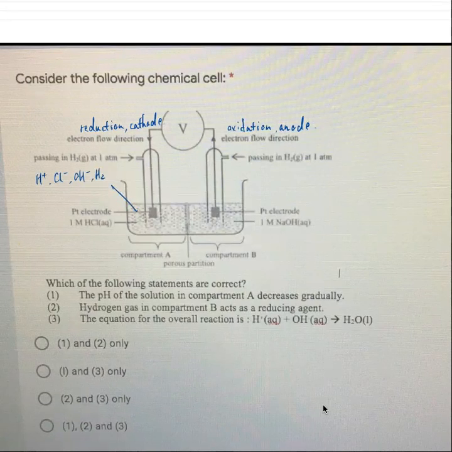And also we've got hydrogen that keeps bubbling into the electrolyte, so we can write that. Okay, so at this part, we need to consider which one is actually going to gain the electron. For sure we know chloride and hydroxide will not prefer to gain electrons, so we can cross those out. And then we need to consider, is it the H plus or the hydrogen that's going to gain electrons?